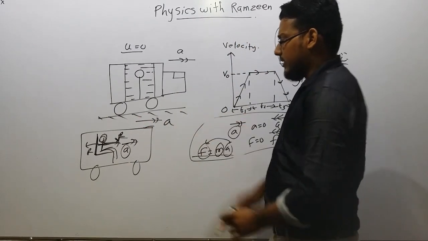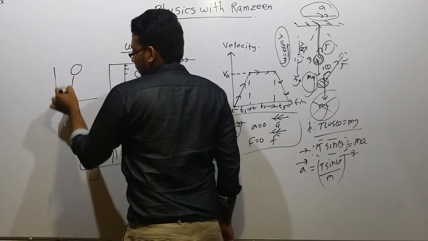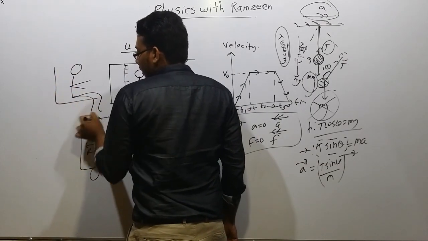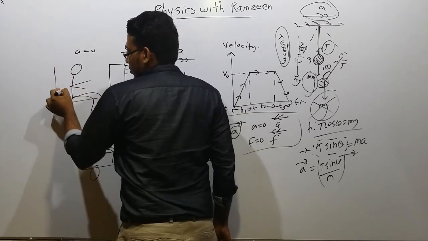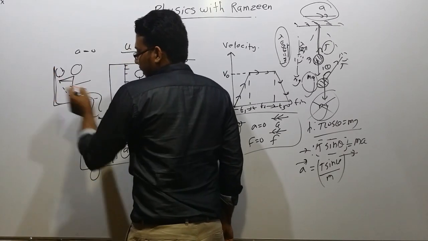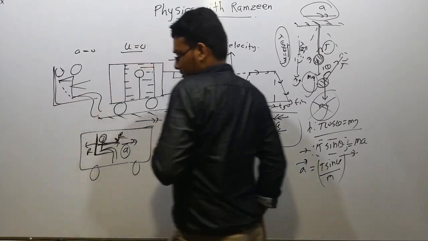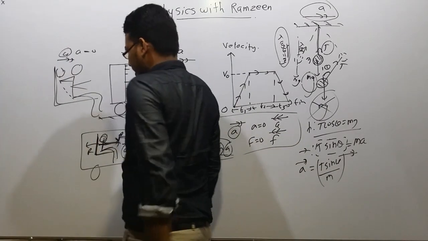So these are the things I have told. When you are sitting on a bus like this, there is no acceleration. When the bus accelerates, then you are going to be like this. You collide with the back side of the seat. Try to understand what's happening.